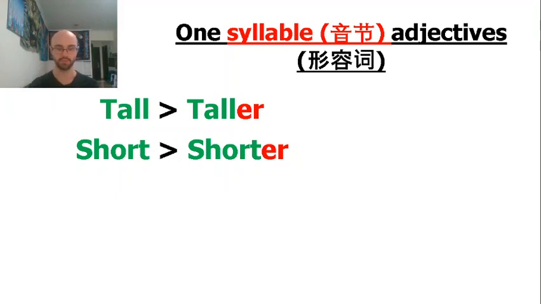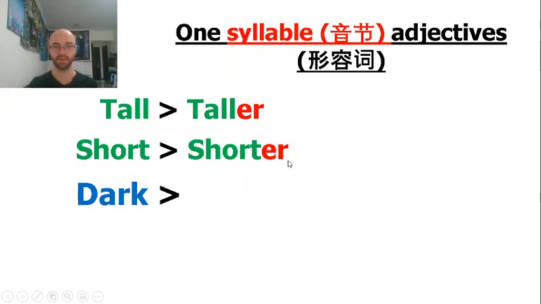One clap, one syllable. This word here, syllable. So shorter. Tall becomes taller. Short becomes shorter. You say for me, taller, taller, shorter, shorter.